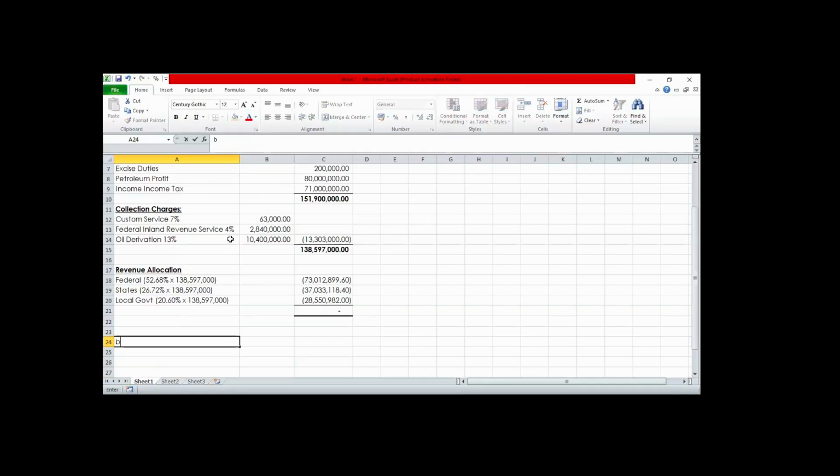What does the B part of the question say we should look at? Consolidated revenue account for the period.